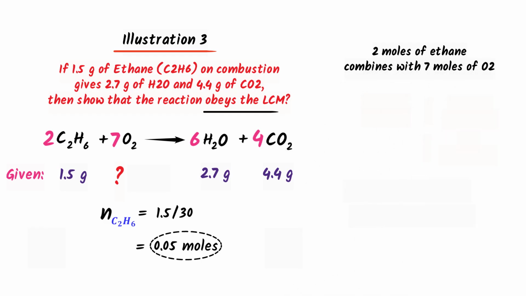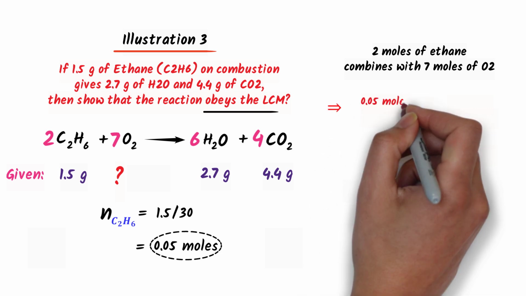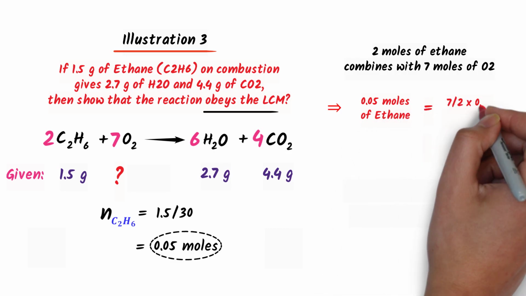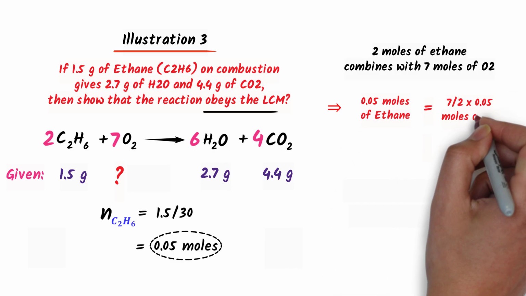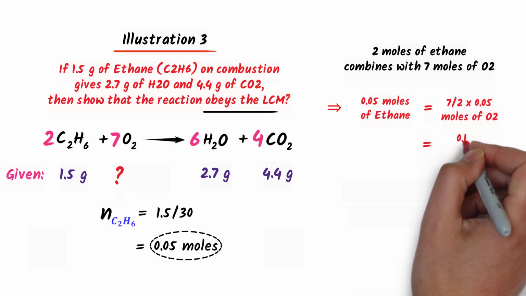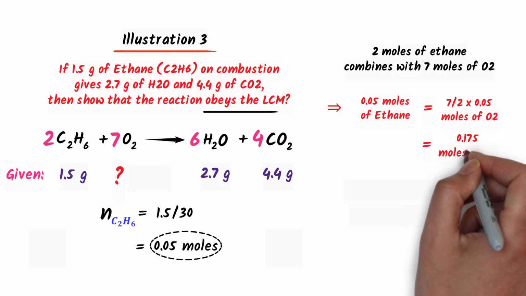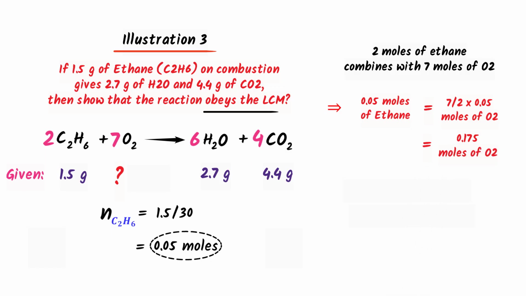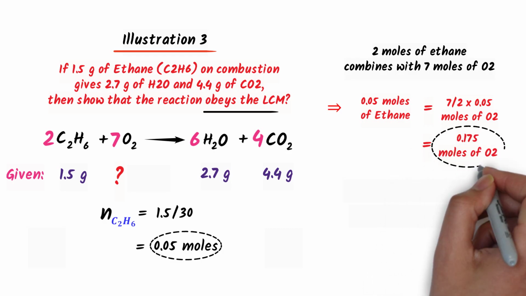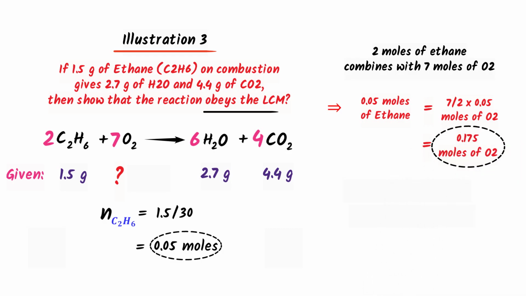Therefore, this would imply that 0.05 moles of ethane will combine with 7 by 2 into 0.05 moles of oxygen. And that upon solving gives you 0.175 moles of oxygen. Now we got to know the moles of oxygen that actually combine with 1.5 grams of ethane.